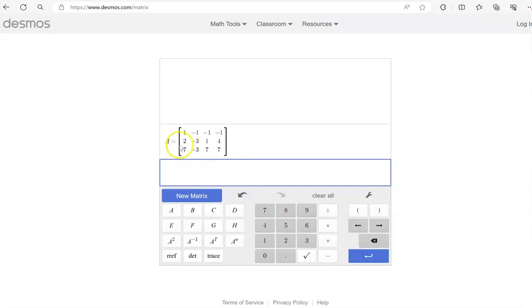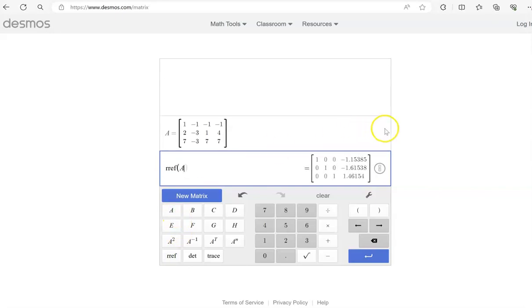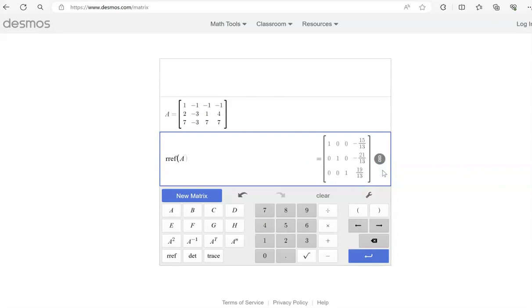I hit enter. So there's my matrix. It's stored as matrix A. And I want to do RREF. So I'm going to use my RREF down here of matrix A. And it's going to give it to me. I want fractions. I always want exact answers. And there's my fractions.